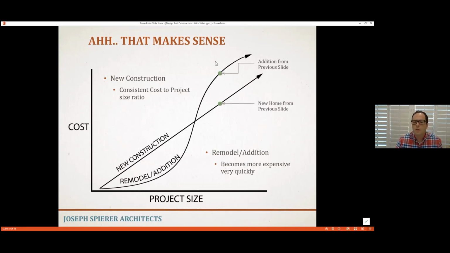This is from the previous slide, right? Once you pass that flex point, you end up spending more money trying to save the existing project than you do to just tear it down and start from scratch. I can't tell you the number of projects that I drive past where I say, that one definitely spent more than they would have if they had started over entirely.